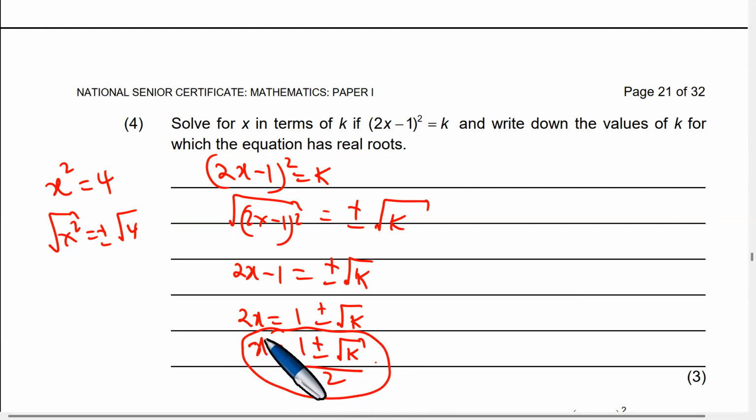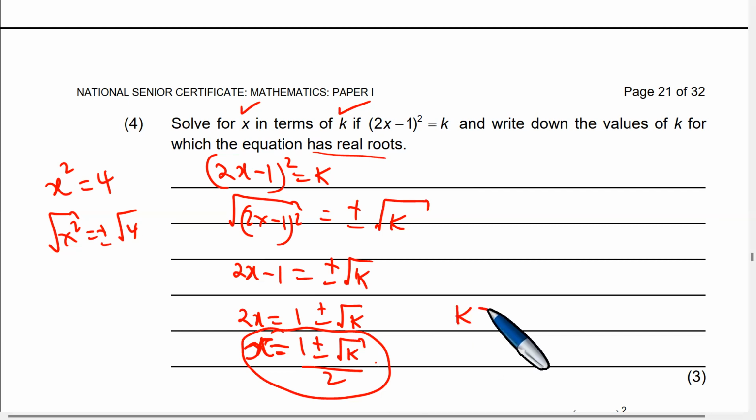So that is the answer. Solve for x in terms of k. So we are solving for x, but it must be in terms of k, so the answer must involve k. And write down the values of k for which the equation has real roots. For real roots we just look at the square root.